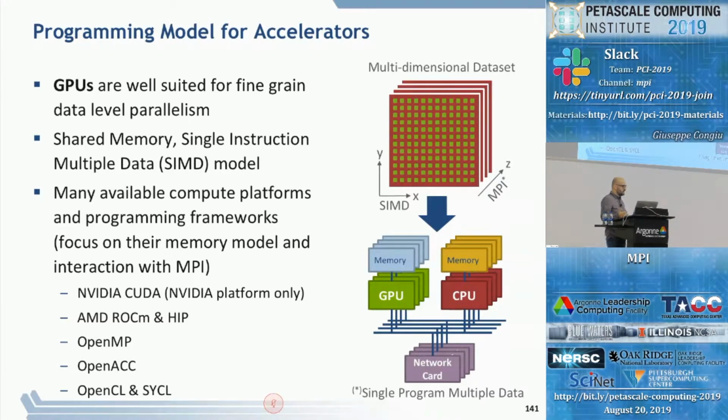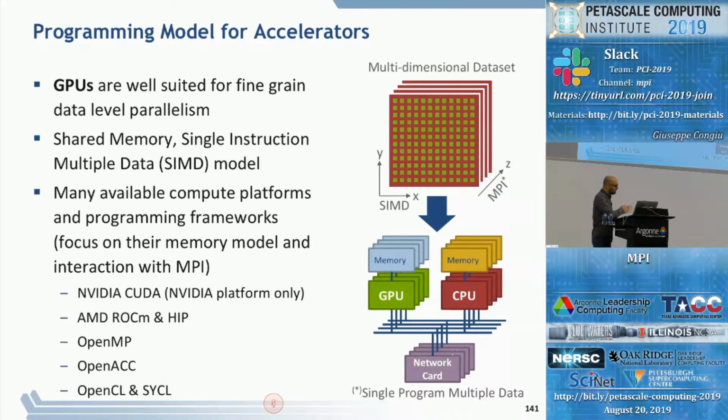For programming GPUs, there are many available platforms that can be used by programmers. These sometimes are vendor specific. For example, one of the most popular programming models used for programming GPUs is CUDA from NVIDIA, which is NVIDIA specific. There are other solutions.